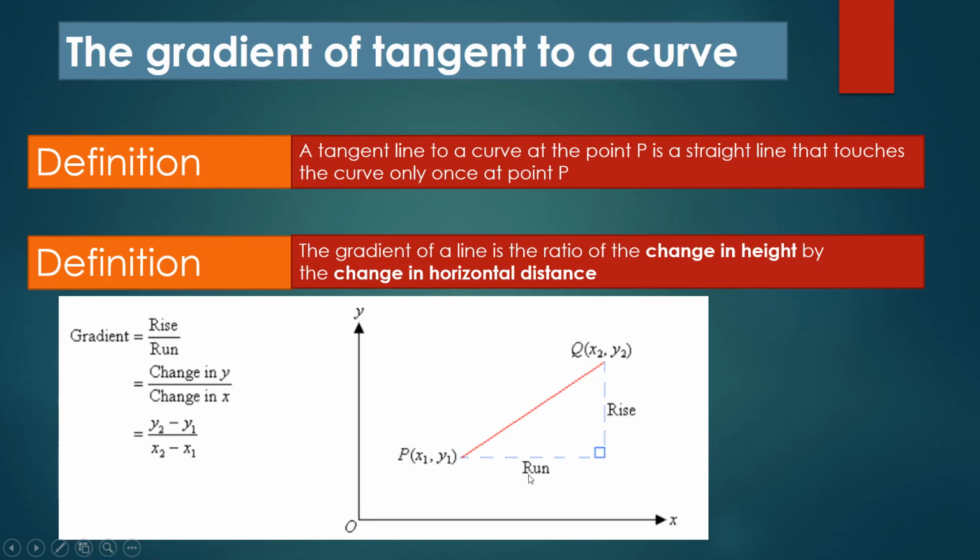We can call the change in x the run, and the change in y the rise, and their ratio, rise over run, will give us the gradient. Those are the key definitions that you need to know to better understand differentiation.